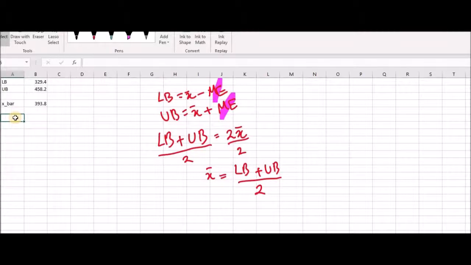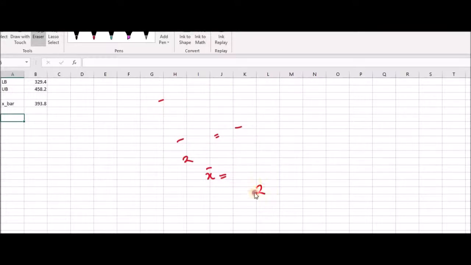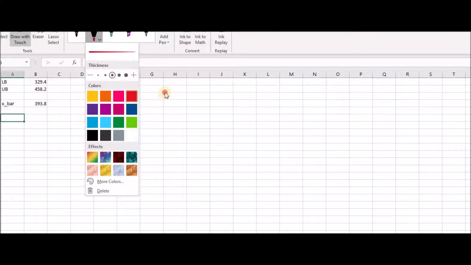And then to find the margin of error, you're going to do the same steps again, but in this case you're going to subtract. So let me erase this, and let me do it again. So I know that the upper bound is x bar plus the margin of error, and I know that the lower bound is x bar minus the margin of error.